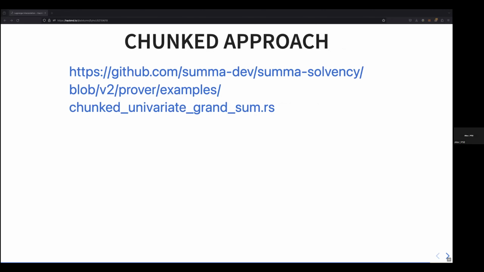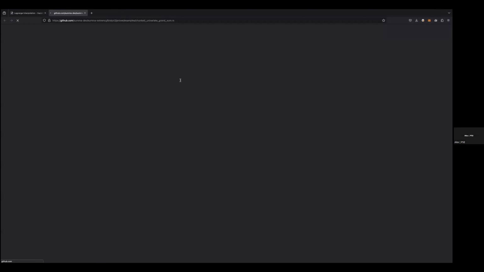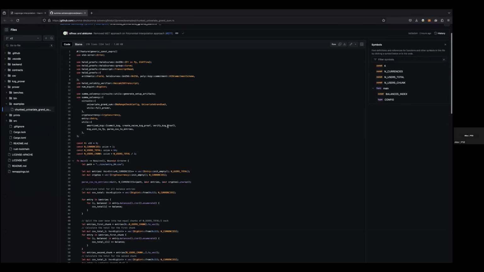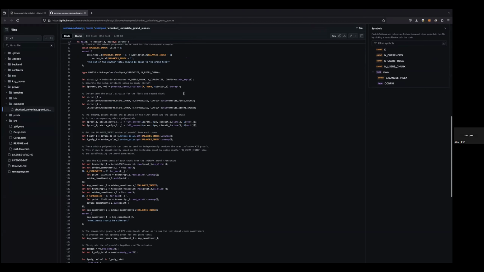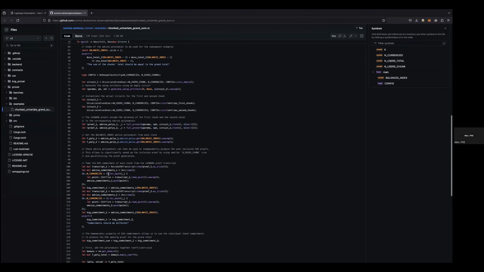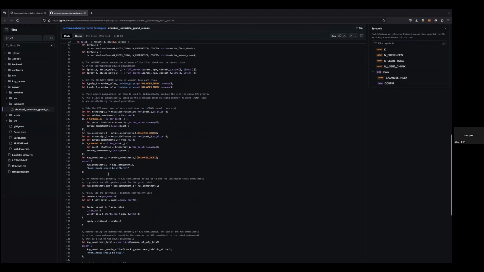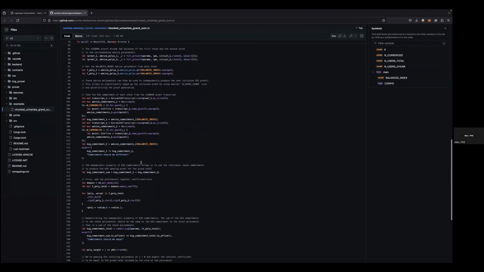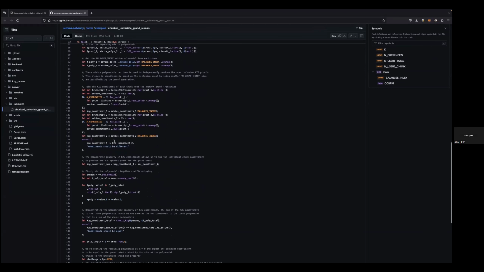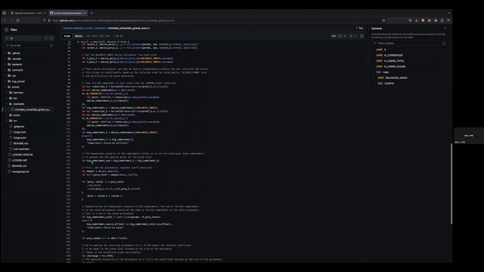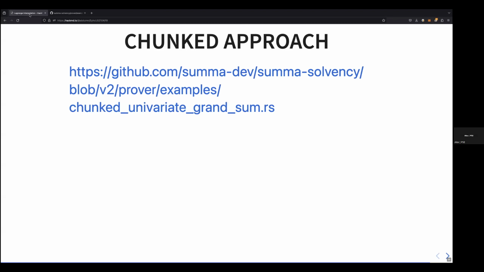And we have an example of this chunked approach in the repository. So you will also be able to take a look at how it works in practice, how you can add the KZG commitments together and then prove the grand total of the balances that went into the separate polynomials against a single commitment that is a result of summing the individual commitments.